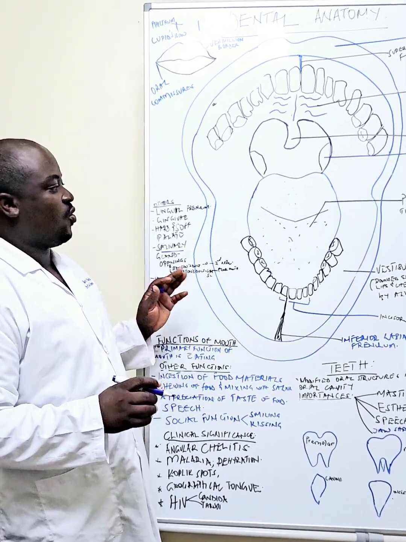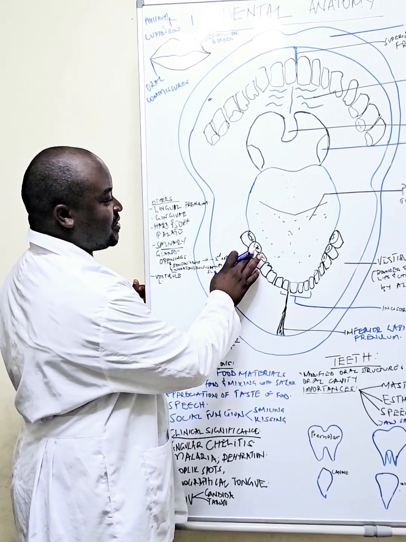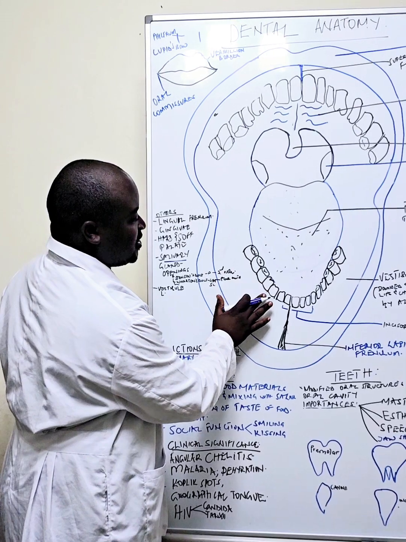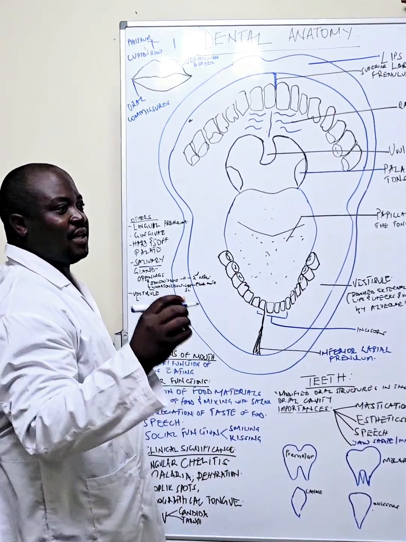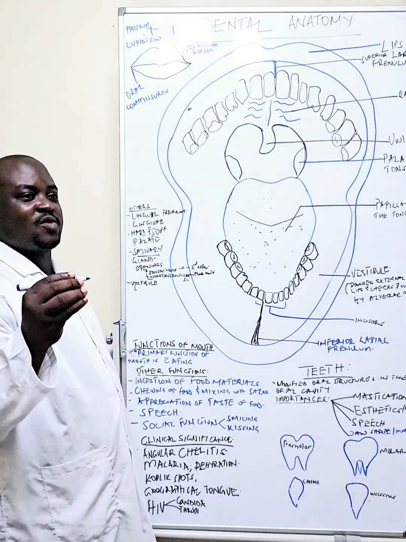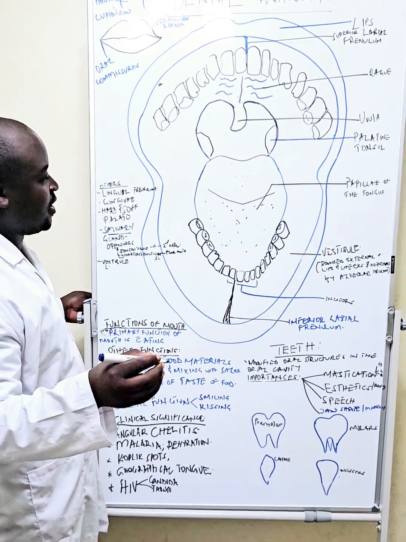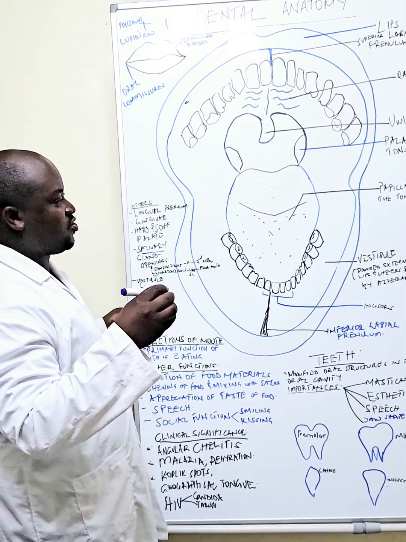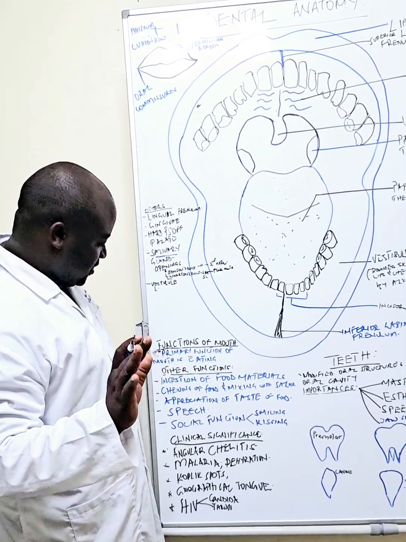But for now, we know that when the teeth are anchored in the alveolar bone, what is surrounding the teeth here is the gum. We shall talk about the characteristics of the gum, its color, its consistency, how it is stippled, and others, in detail in a later topic.